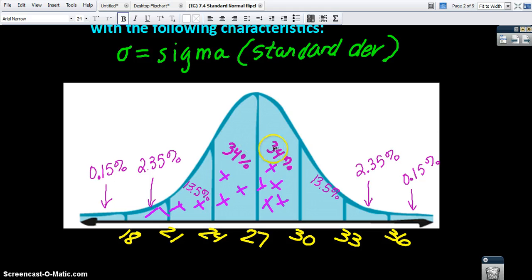Remember that these two sections add up together to 68. And then you've got 13.5 over here, and over here it's all symmetric. And then remember these two add up to 2.5.